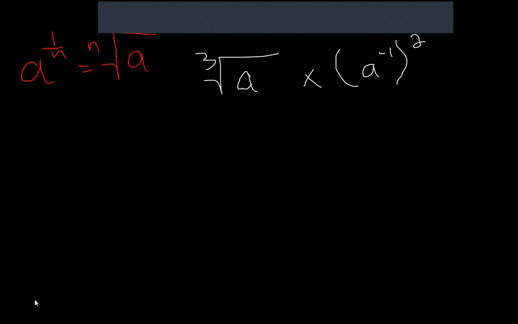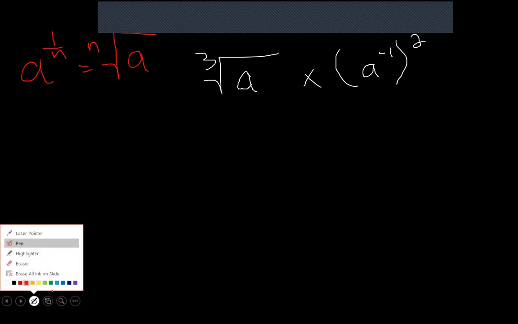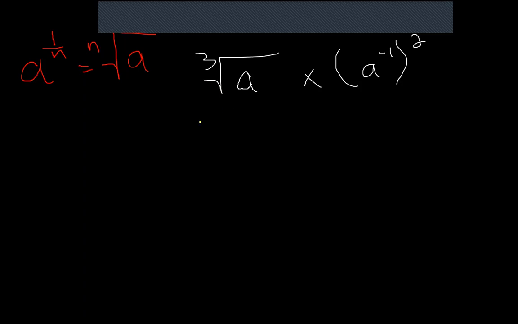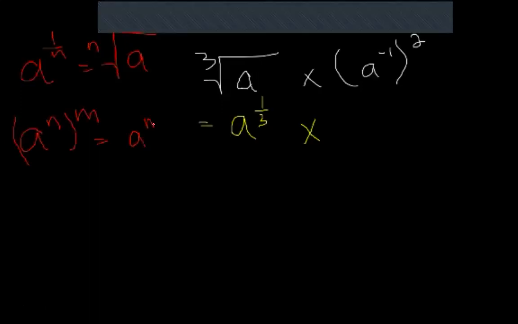I know, okay, that's the same as saying a to the power of a third, multiplied by, I also know another rule that states a to the power of n, and then this whole thing raised to the power of m, is the same as a to the power of n times m.